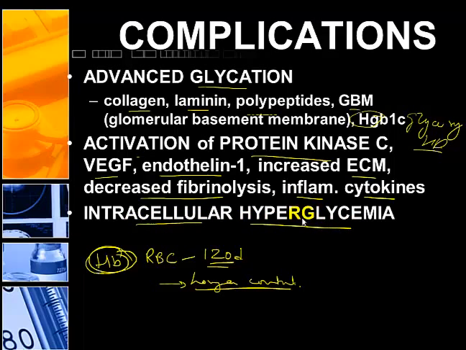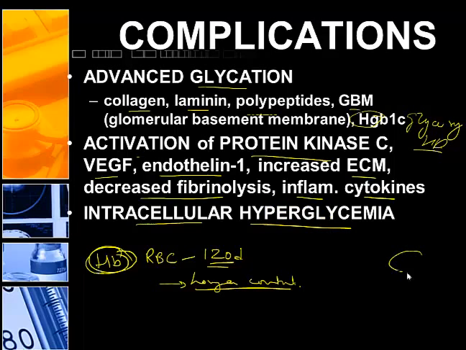Now, you may think that, hey, insulin is supposed to help uptake of glucose inside the cell, and in diabetes there is reduced insulin. Then how come you have more amount of glucose inside the cells? Now, why it happens is because of increased amount of glucose outside the cell.